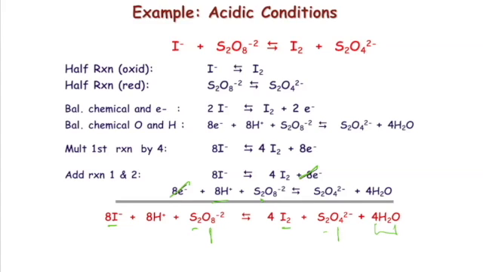Check your hydrogens, 8 hydrogens here, 8 hydrogens here. Check your charge. This side is -8, -2, that's -8, +8, that's 0, and -2. This side is -2 as well.